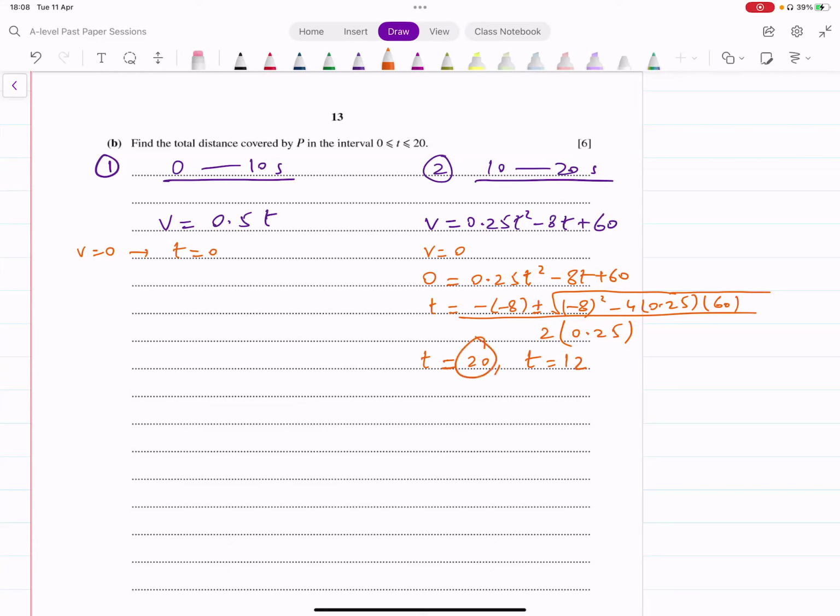अब 20 का तो मसला नहीं है बिकॉज वो तो तब तक आपकी जर्नी खत्म ही हो गई, सो वी डोंट केयर अबाउट दैट, बट दिस इज एन इंपॉर्टेंट पॉइंट.